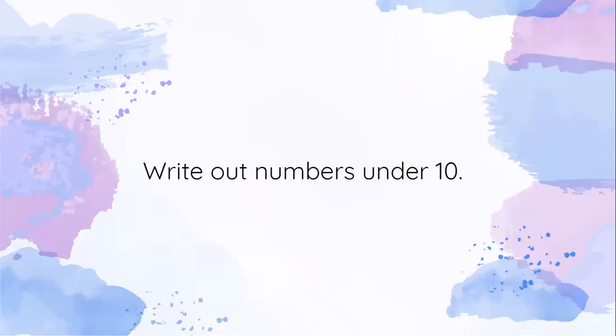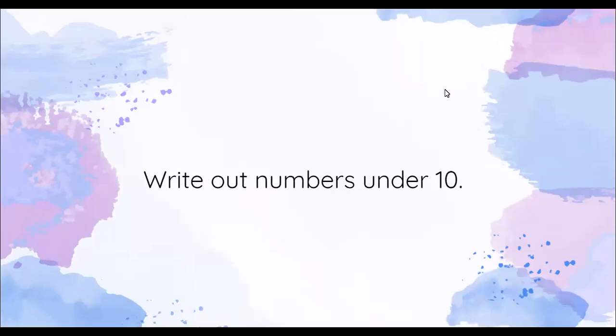It's in this unspoken rules kind of book. Write out numbers under 10, but any number 10 and above, so 10, 11, 12, and so on, you can just use the number keys. It's the unspoken rule about using numbers in essays.